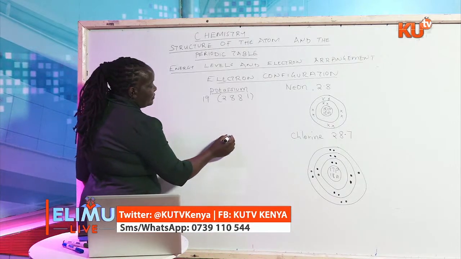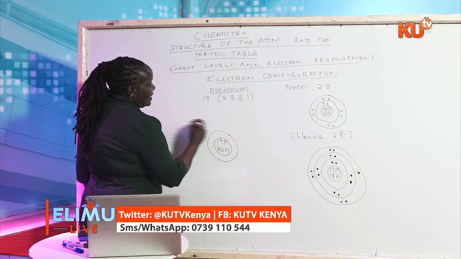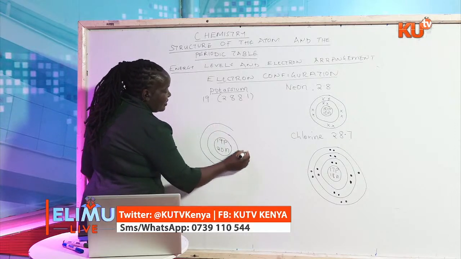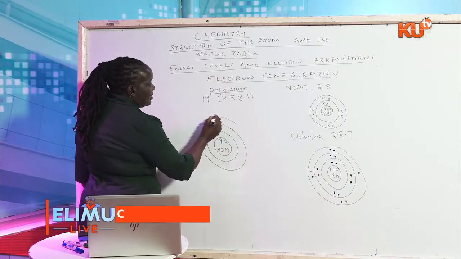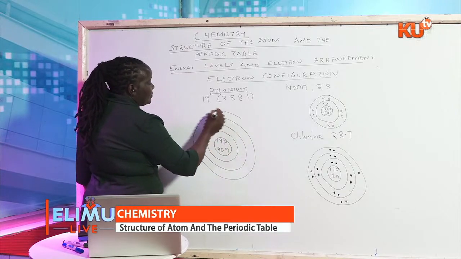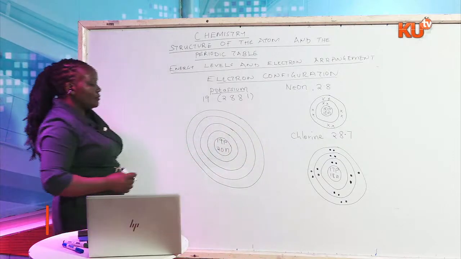So we have the first energy level, the second, the third, and then the fourth energy level.